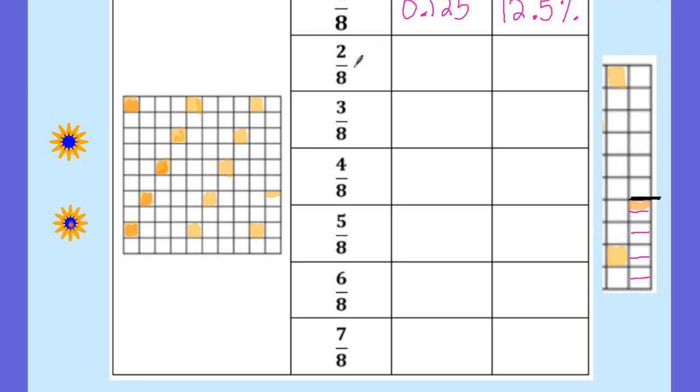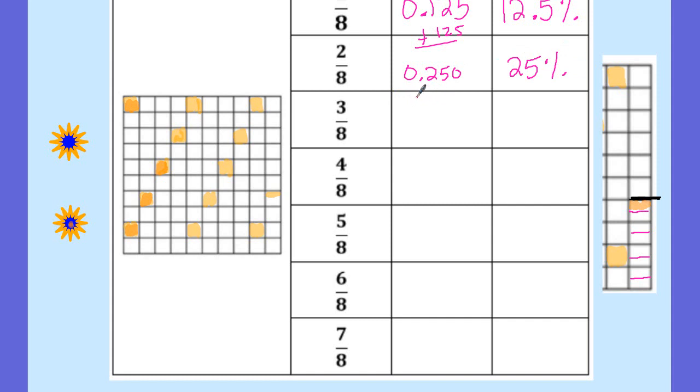For 2/8, I'm just doubling the 1/8 amount. So I'm taking the 125 thousandths and I'm adding another 125, and it's going to give me 250 thousandths, or you could drop this last 0 and just write it as 25 hundredths. If I add another 12.5%, I get 25%.